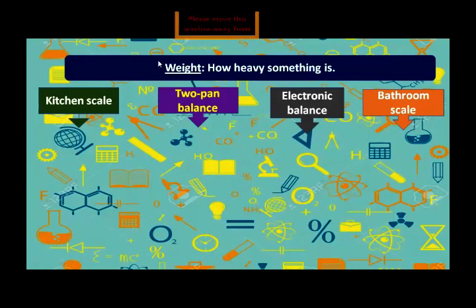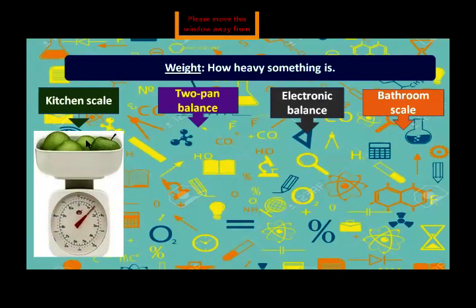A weighing scale is a machine that shows how heavy something is. So the first thing, kitchen scale. In the kitchen we mostly use the kitchen scale to weigh the vegetables and the fruits.